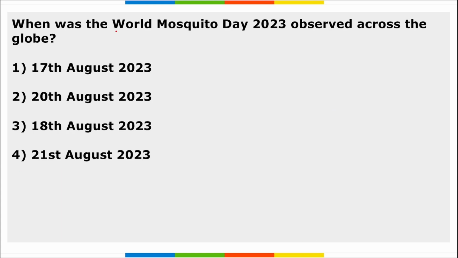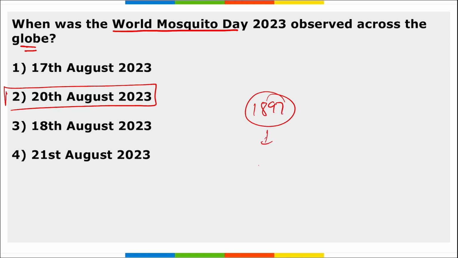Next, when was World Mosquito Day observed across the globe? So World Mosquito Day is observed across the globe on 20th of August 2023, right? And it is to commemorate Sir Ronald Ross. He was a British doctor who discovered the relationship between mosquitoes and the transmission of malaria, and it was discovered in 1897 by Sir Ronald Ross.